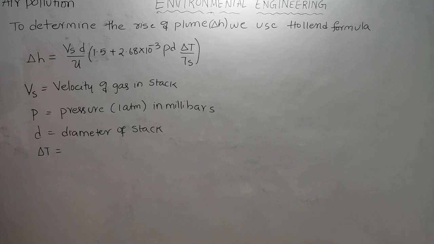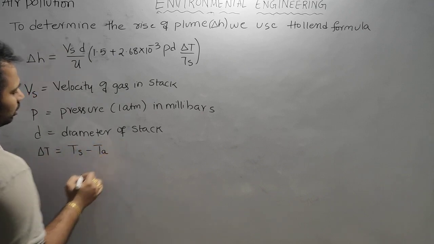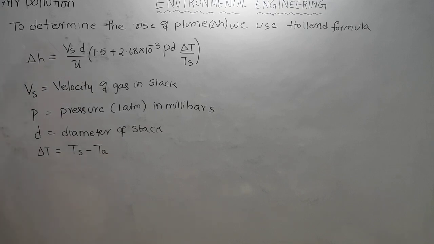P is the pressure. Generally we take atmospheric pressure, one atmosphere if the pressure outside is atmospheric, but we take it in millibars. Delta T is the stack gas temperature minus the atmospheric temperature, Ts minus Ta, in degrees Kelvin.